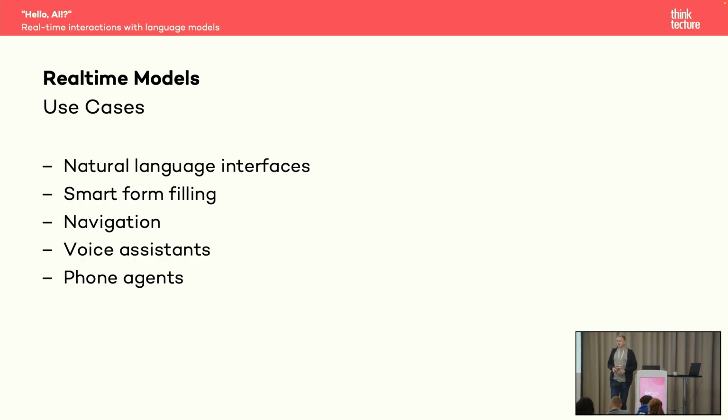Phone agents are a use case that I've seen on a public sector conference last week. The administration of a smaller city attached a real-time model to their hotline, in order to reduce the load on the public service people who would otherwise have to answer all of those questions.